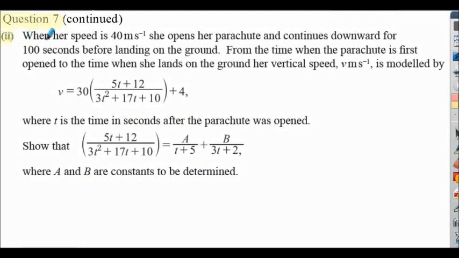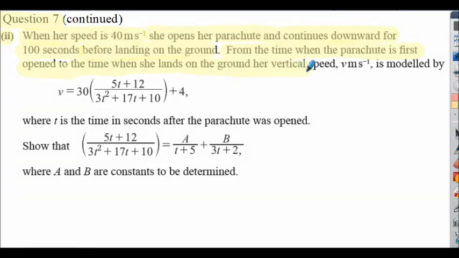Question 7 part 2. When the parachutist's speed is 40 meters per second, she opens the parachute and continues downward for 100 seconds before landing on the ground. From the time when the parachute is first opened to the time she lands on the ground, her vertical speed v meters per second is modelled by the equation shown here, where lowercase t is the time in seconds after the parachute was opened.